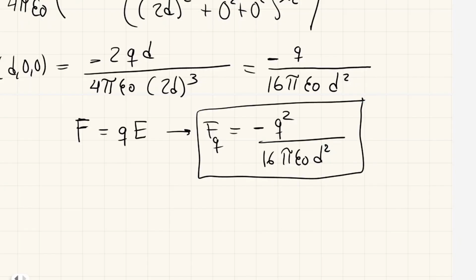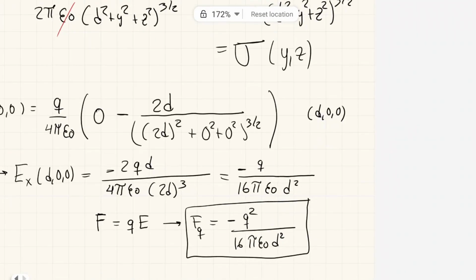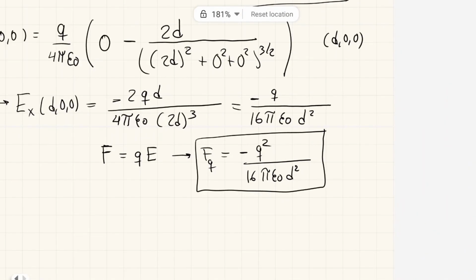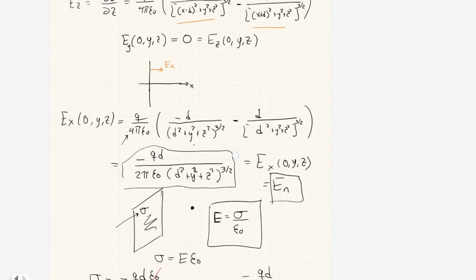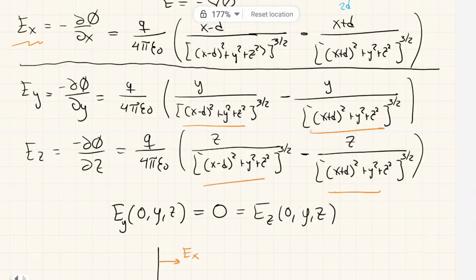That will be the force acting on q. Perfect. So we just calculated the new distribution of charges, the force on q, and the electric field on any point of the space due to the charge q and the conductive plane.